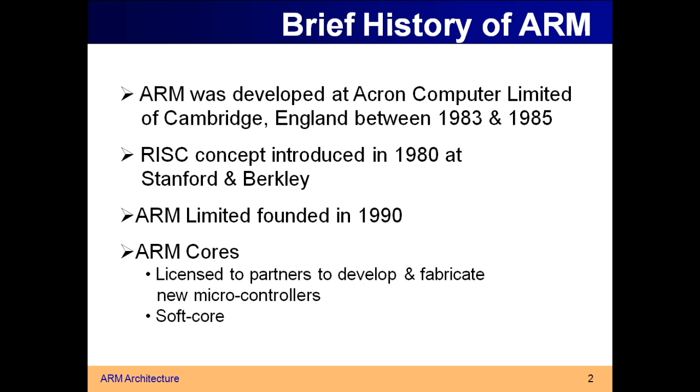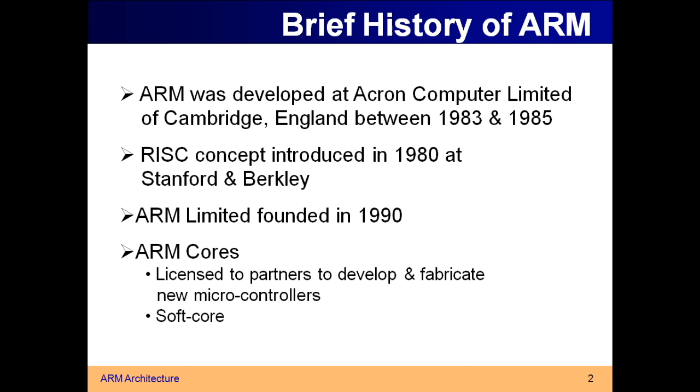ARM was developed during the year 1983 to 85 by a company known as Acorn Computers Limited of Cambridge. At that time, ARM was the expansion of Acorn RISC Machines.